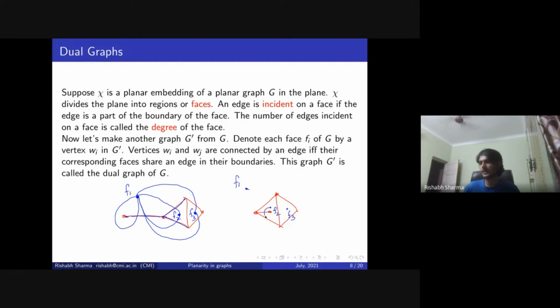So I get a loop edge on F2, and then F1, F2, and F1, F2 again. Similarly, F1, F3, F1. So you can see that these two graphs are not actually the same. Because you have three vertices in both, but the layout of the edges is actually different. If you just stare at it for a minute, I think you'll see that.